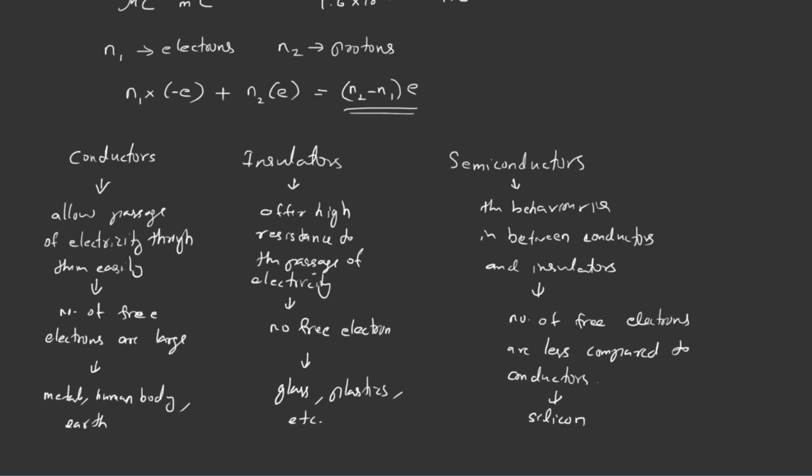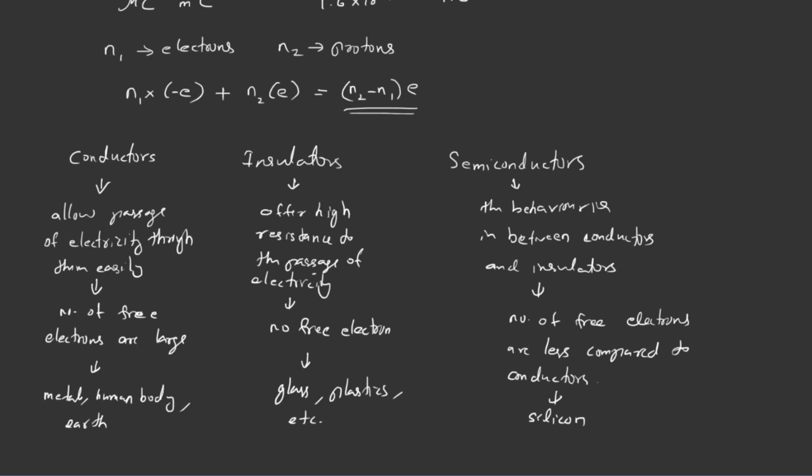But in an insulator case, if charge is given to an insulator, the charge stays there. As a result, we can observe the charge in that insulator. That is the reason why the frictional electricity is mostly observed in insulators.